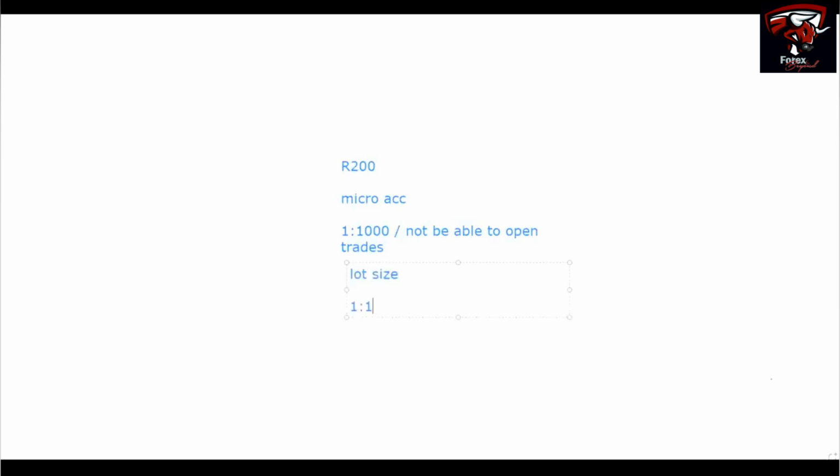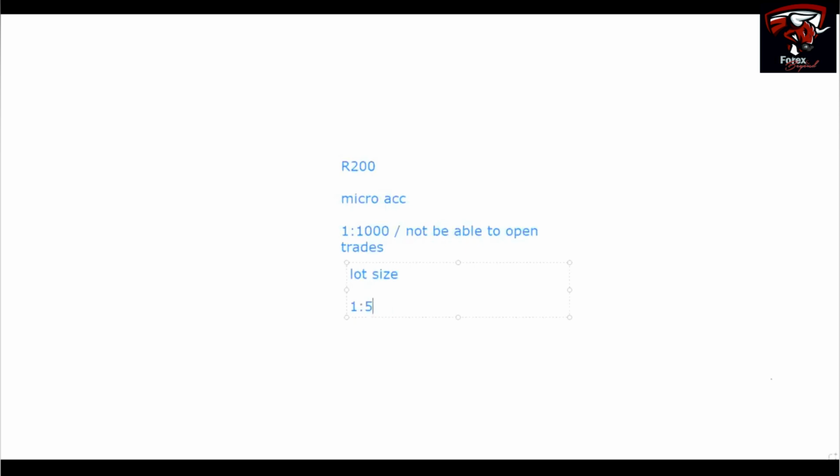If your leverage is 1:100, you are not going to open trades. 1:200, you are not going to open trades. 1:300, you are not going. Leverage that allows you to open trades normally starts from 1:500. 1:500, that's the one that's a bit better. It allows you to open trades.